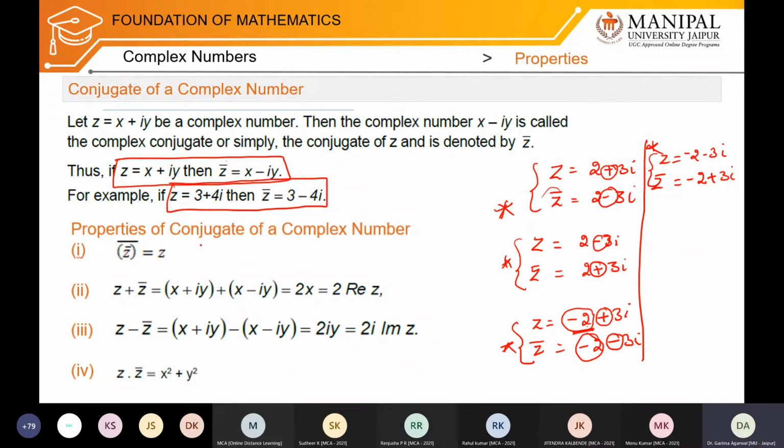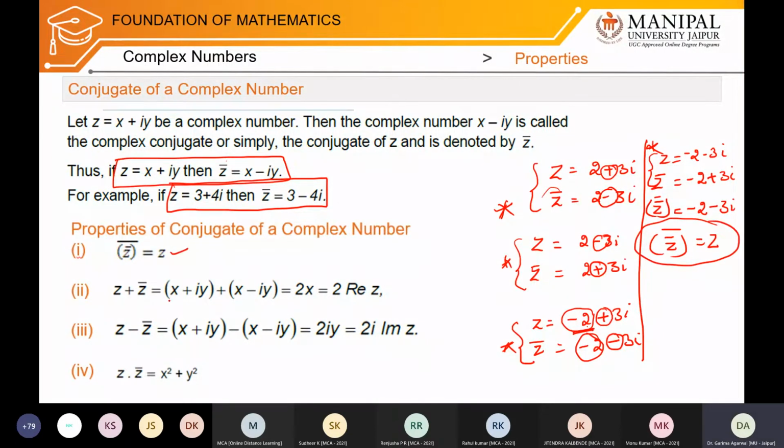If I want to find z bar bar, meaning the conjugate of the conjugate, then it will be minus 2, and again the sign of iota will change, that will be minus 3 iota. So z bar bar is equal to z, right?